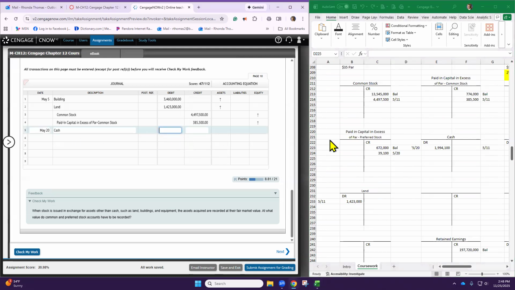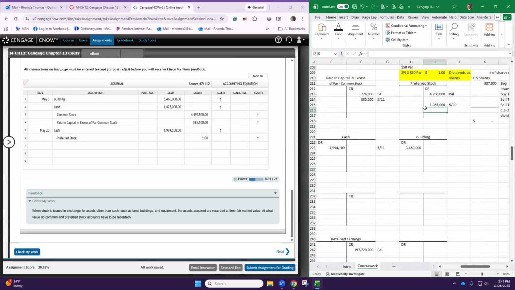So we're looking at cash of 1,994,100, and we're looking at preferred stock of 1,955,000.